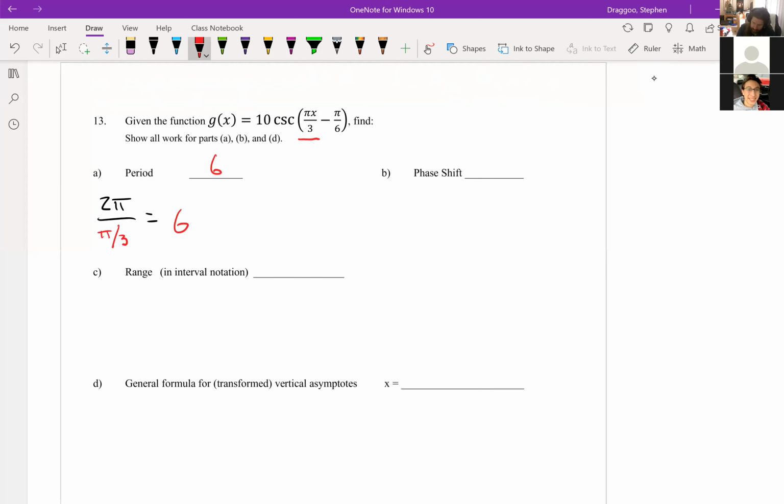Then the phase shift is c over b, which is positive pi over 6 divided by pi over 3.